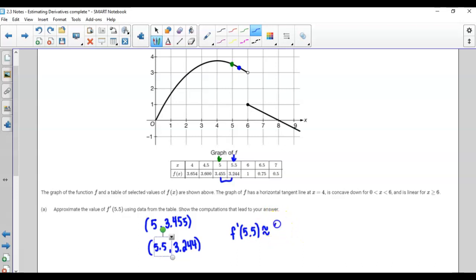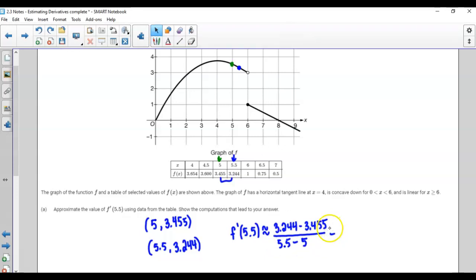And we're going to say 3.244 minus 3.455 over 5.5 minus 5.